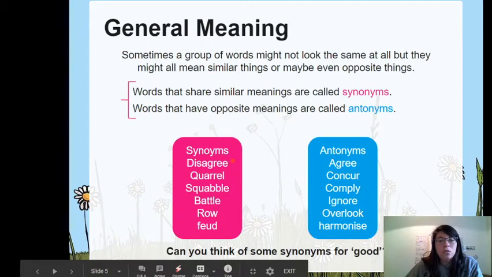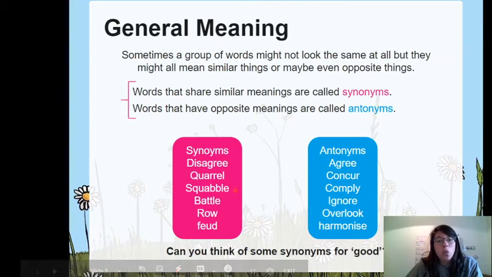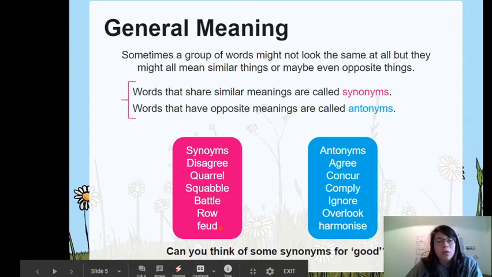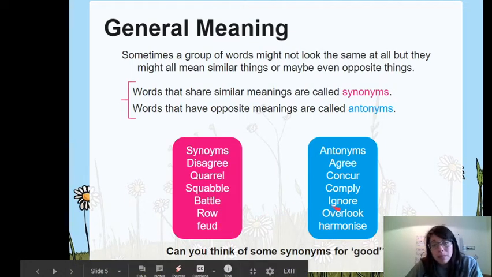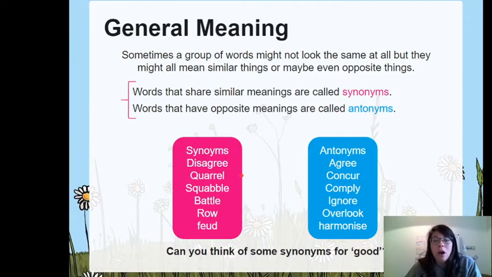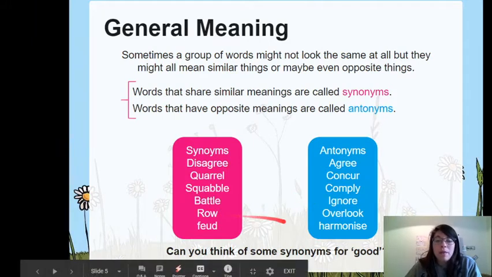We have disagree, quarrel, squabble, battle, row, feud. And the antonyms: the opposite of disagree is agree. The opposite of quarrel is concur. The opposite of squabble is comply. The opposite of battle is ignore. We have also overlook, harmonize. These are good things, and they are the opposite of these things.